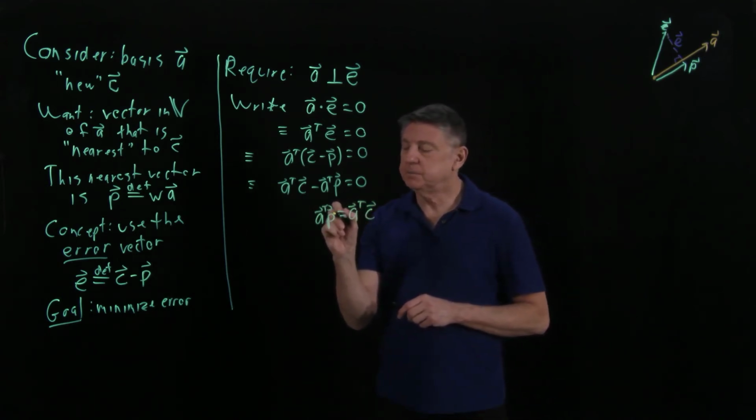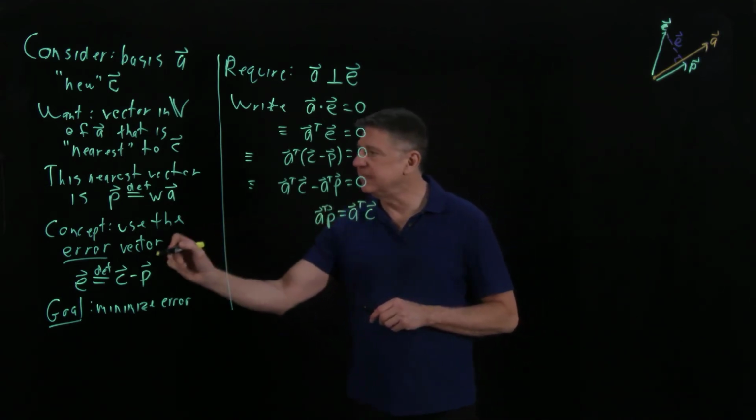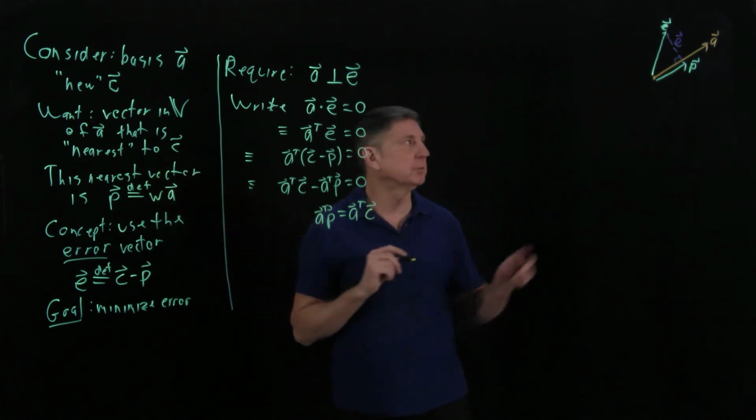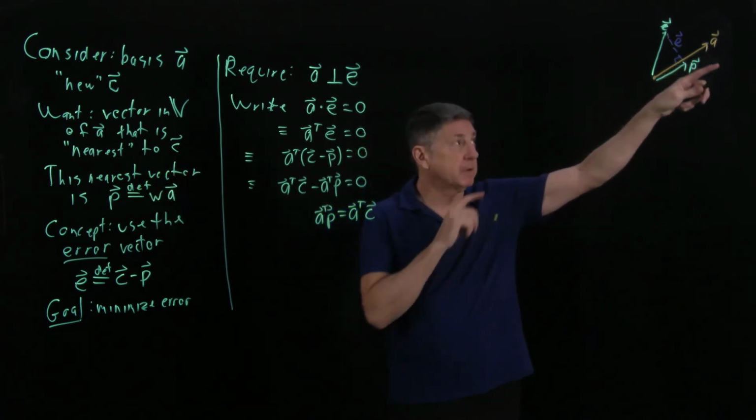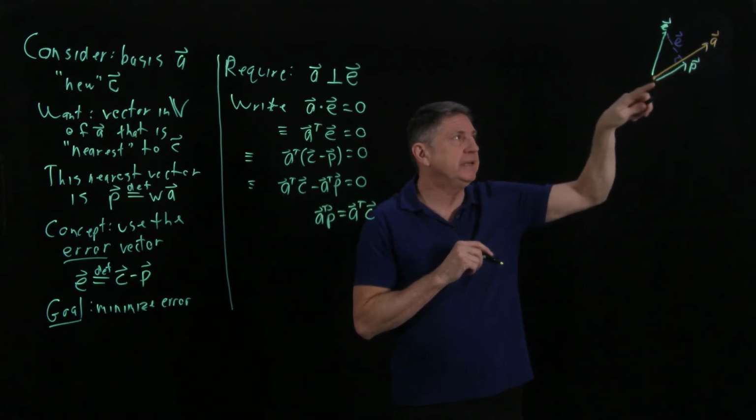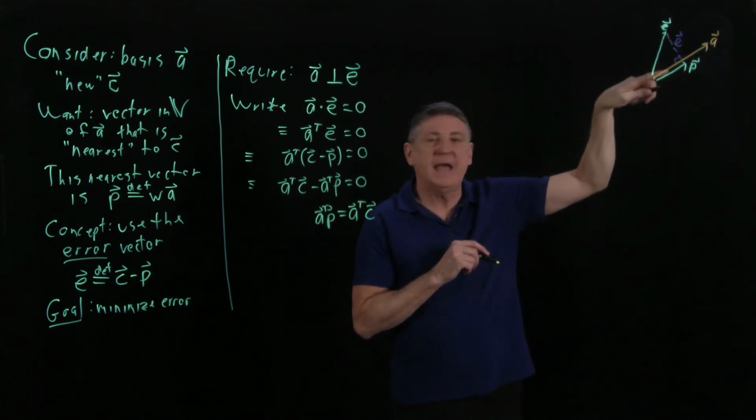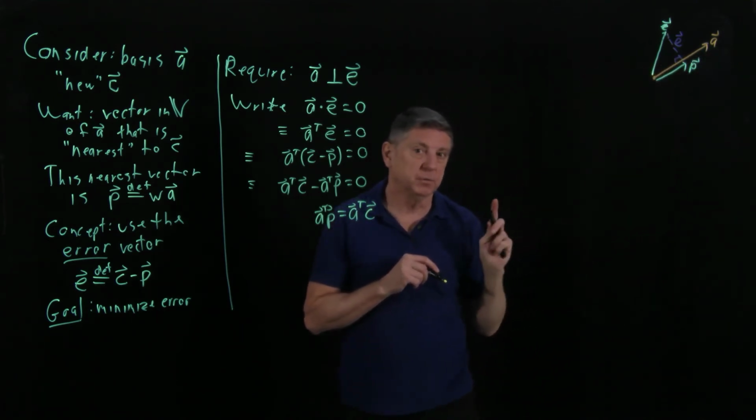And what is P? Well, P by definition is a multiple of A. Let's refer back to our diagram here. What we're saying is that P is some multiple of A, and that's really what we're trying to find here.